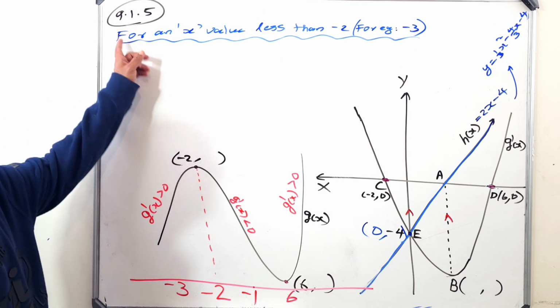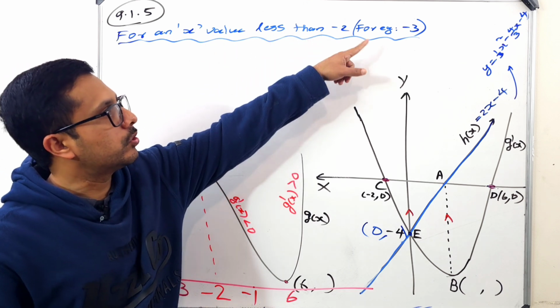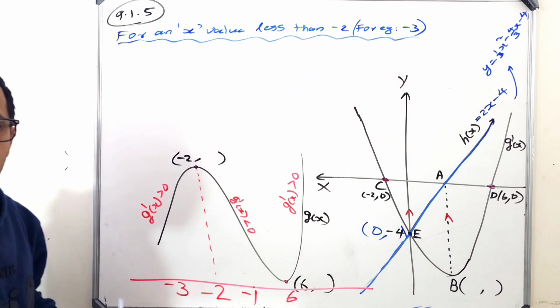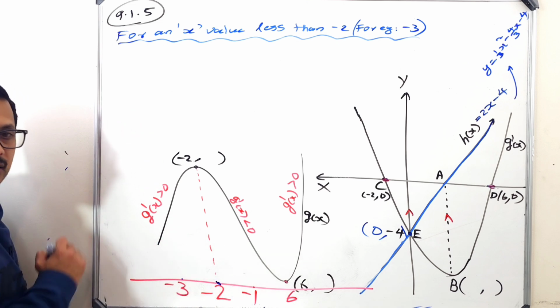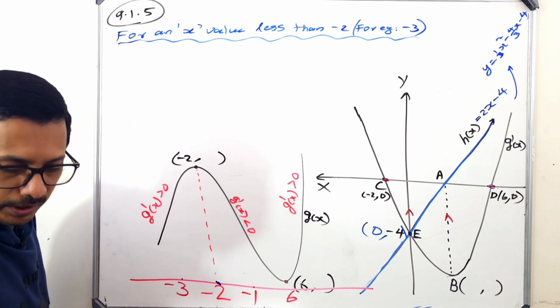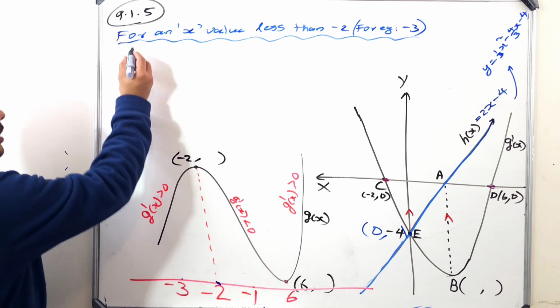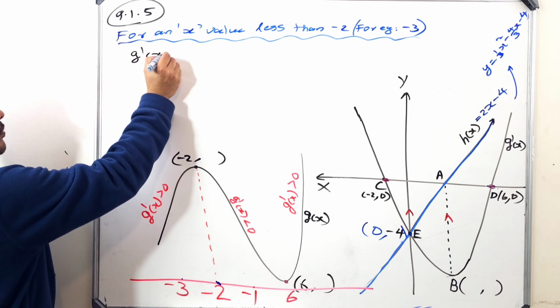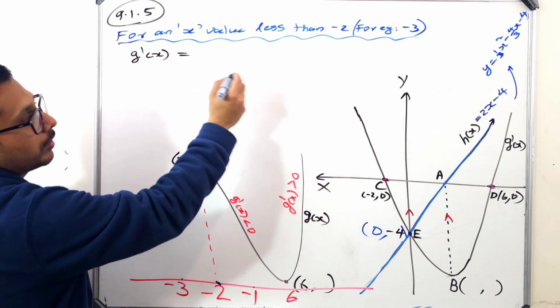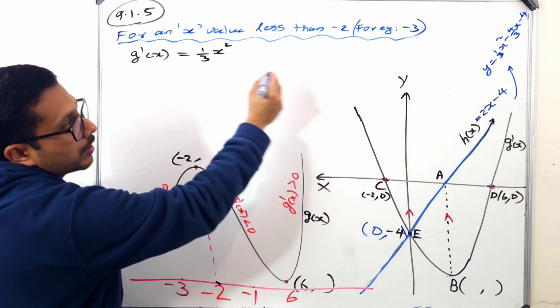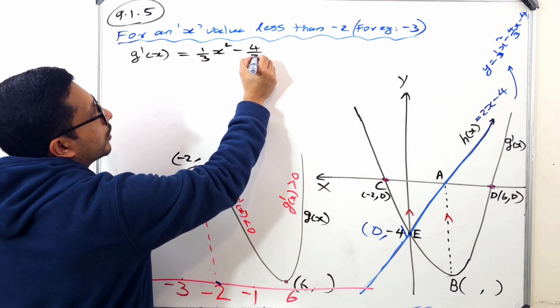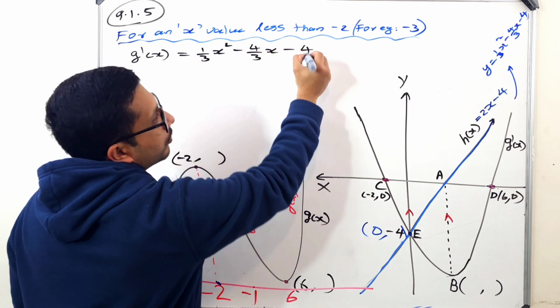So for an x value less than minus 2, for example minus 3, what is g dash of x at that point? What is our equation of g dash of x? We got that one before: 1 over 3 x square minus 4 over 3 x minus 4, am I right?